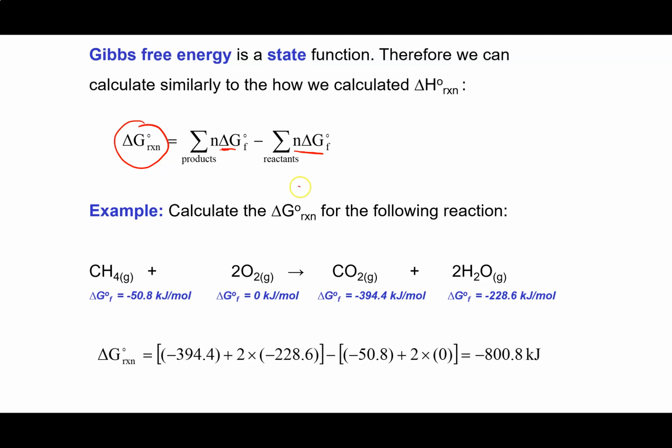So if I want to calculate the Gibbs free energy change for this combustion of methane, I would look up the standard Gibbs free energy of formation of each of my reactants and products.